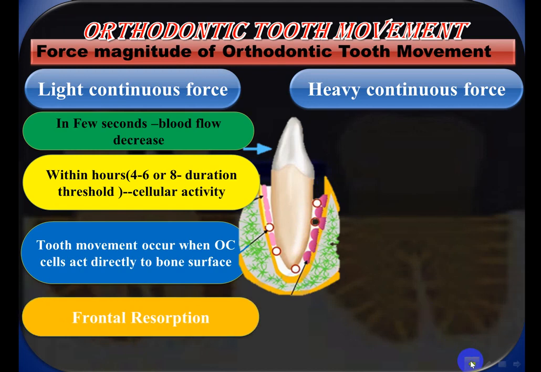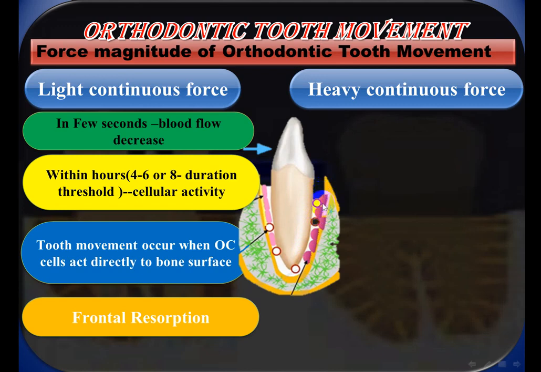Frontal resorption occurs only when the osteoclast cells that have been differentiated within the PD ligament space of the compressed side start to remodel and resorb the bone that is facing them.